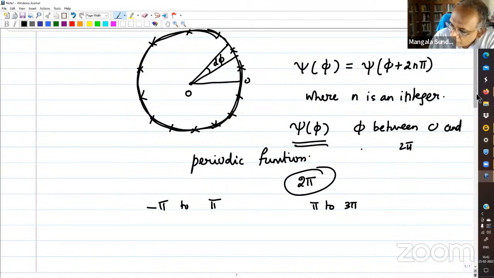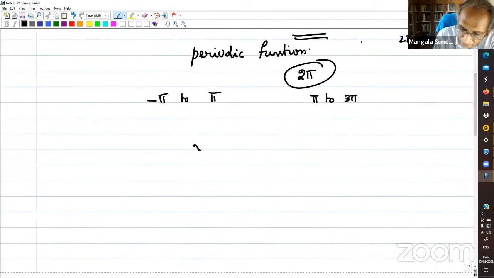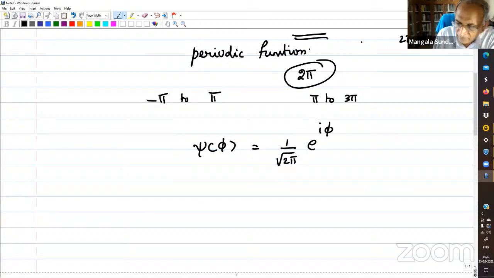The wave function psi of phi is 1 by root 2 pi e to the i phi. You know where n will come in?